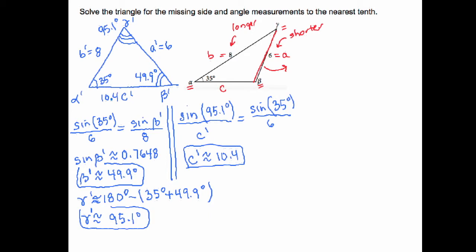Now I also have my original triangle that I have to go ahead and solve for. And I'll start by the fact that I know that beta prime is approximately 49.9 degrees. So I want you to imagine, here's beta prime in quadrant 1. Now sine is positive in quadrant 1 and 2.